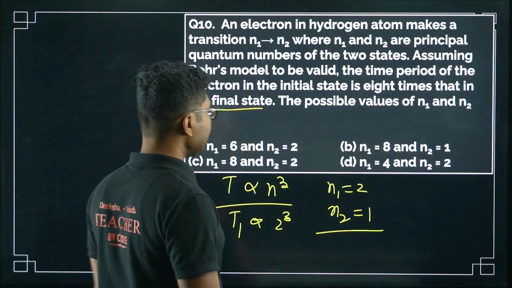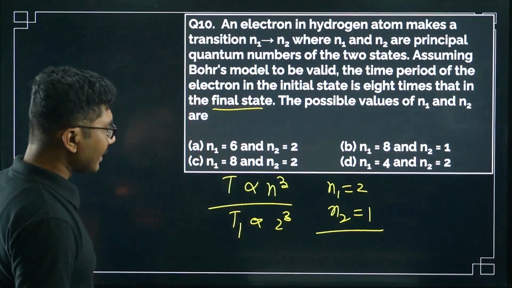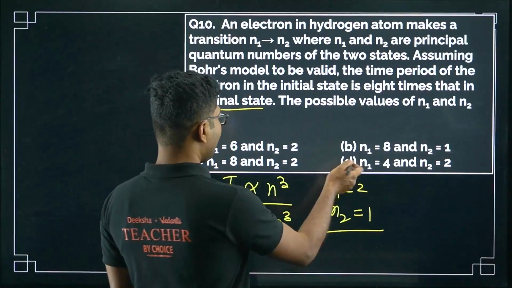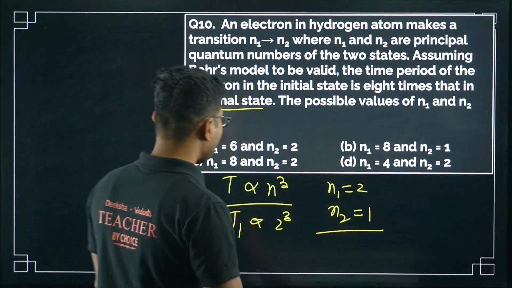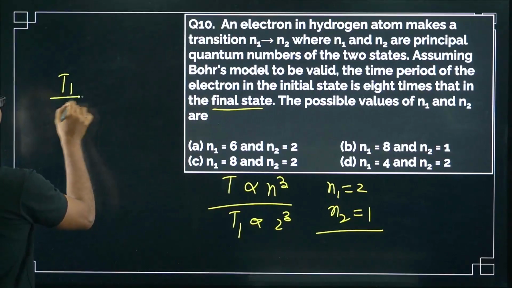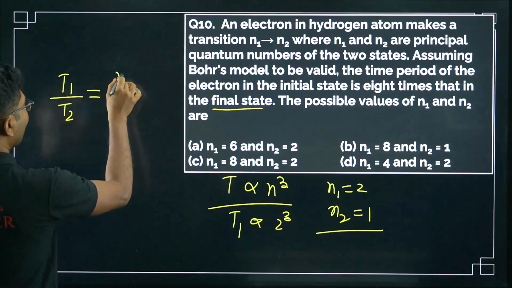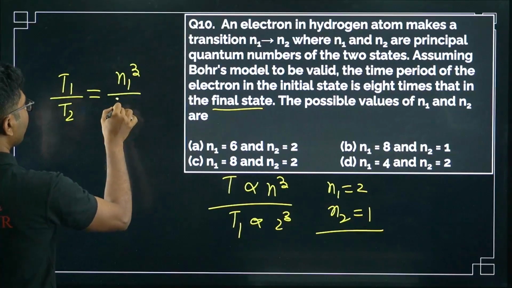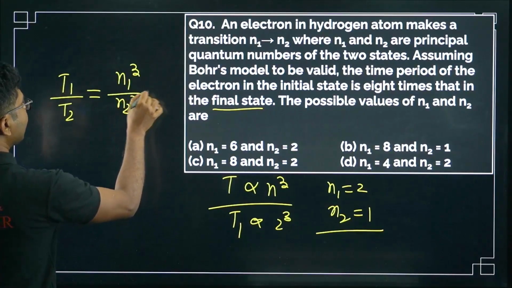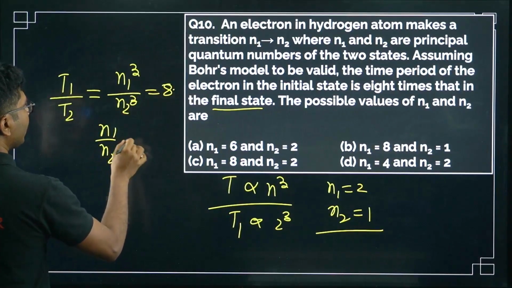Okay, there may be some other cases. Let's see. 2 and 1 is not given. T1 by T2 equals n1 cube by n2 cube, and this is given as 8. So n1 by n2 equals 2.